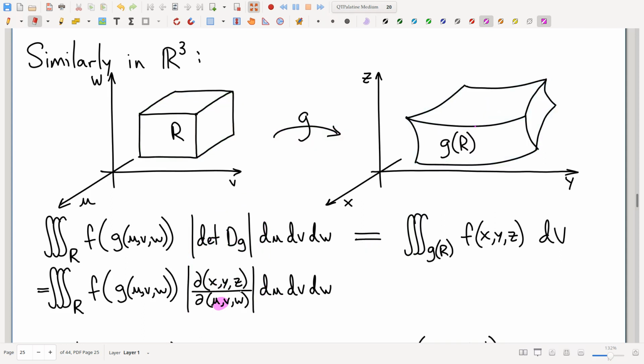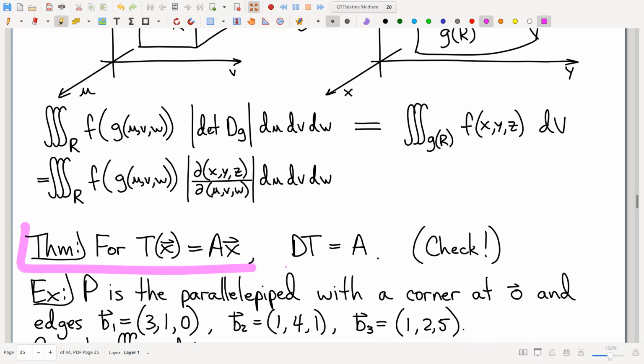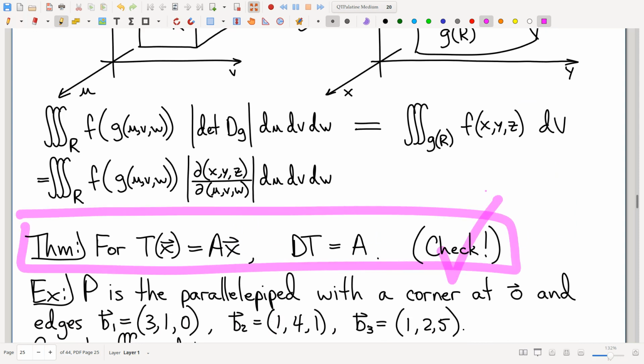Okay, so same deal. Before I show you an example, I have a quick little theorem I want to state. This is another one that y'all can directly check for yourselves. There's nothing to it. Very straightforward confirmation. But if you have a linear transformation that you use as your change of variables function, whatever matrix represents that linear transformation, that matrix is also the derivative matrix for that change of variables function.